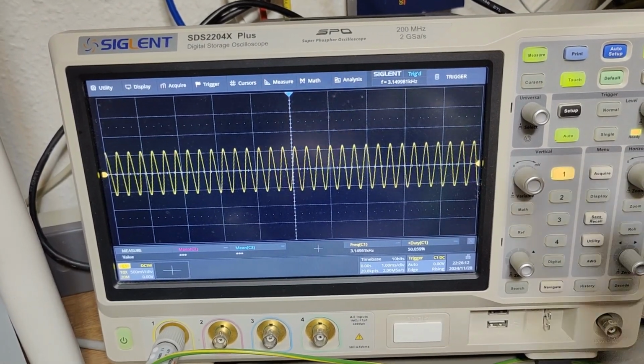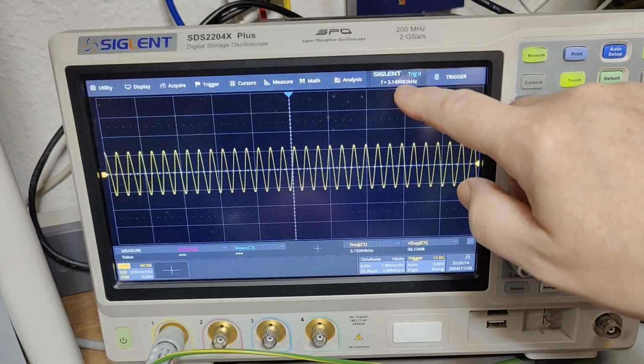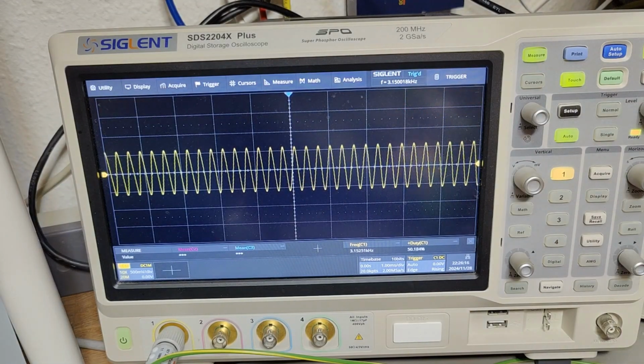So what you need to look at is this number right there. So if I dial the potentiometer, no. If I move that, no, this has nothing to do with that. It's only a meter thing.